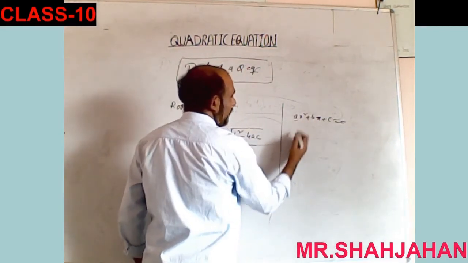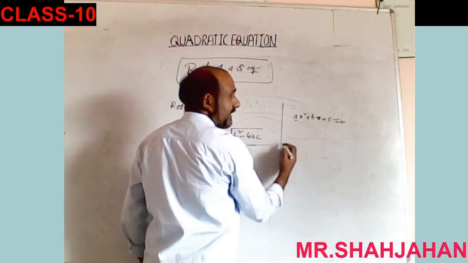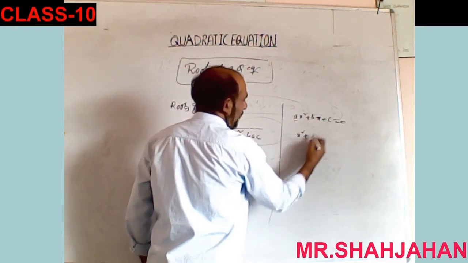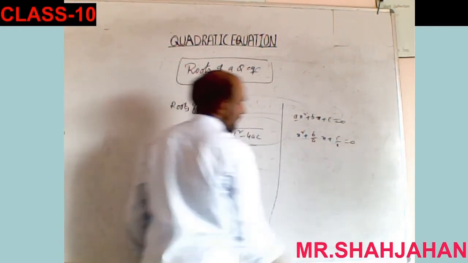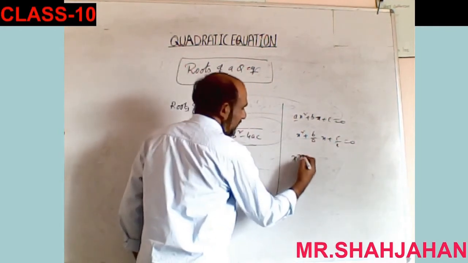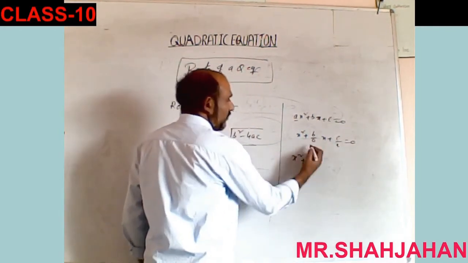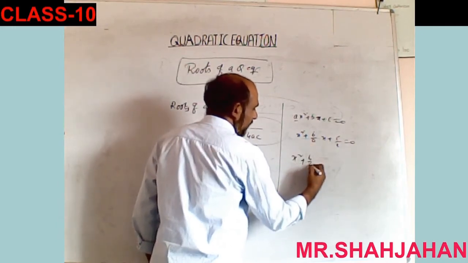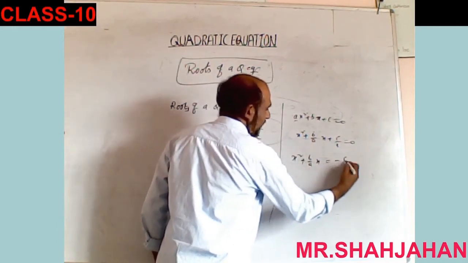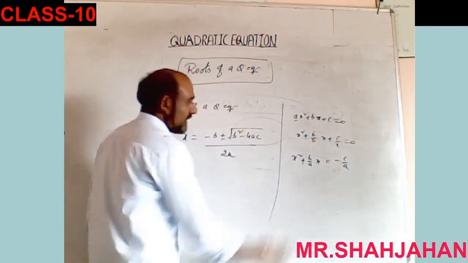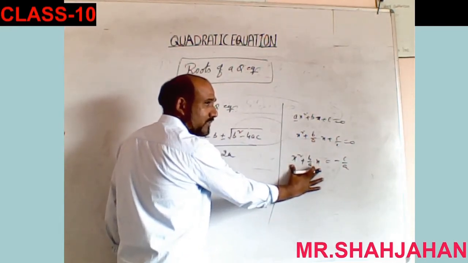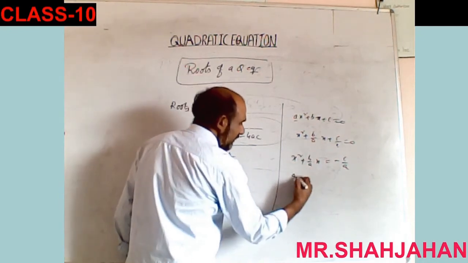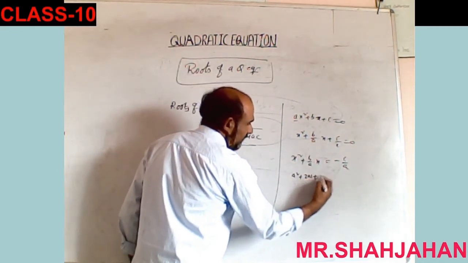How is it derived? You have to divide all the terms by a. So x square plus b by a into x plus c by a is equal to 0. Okay, now I want to write b by a into x is equal to minus c by a, transferring this term. Here I am thinking of making it as a square plus 2ab plus b square.